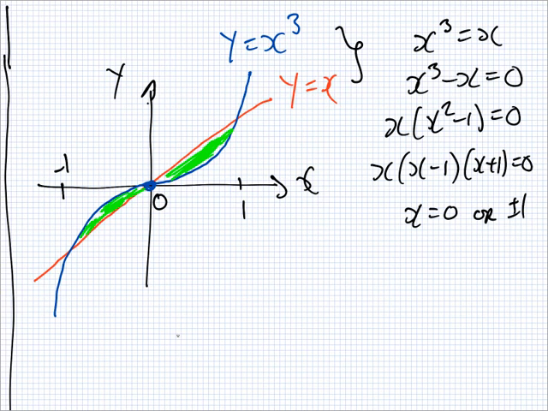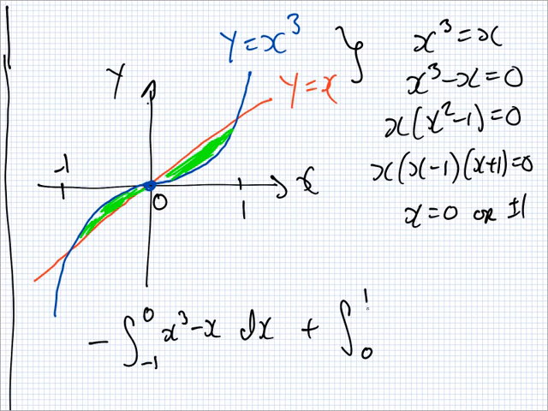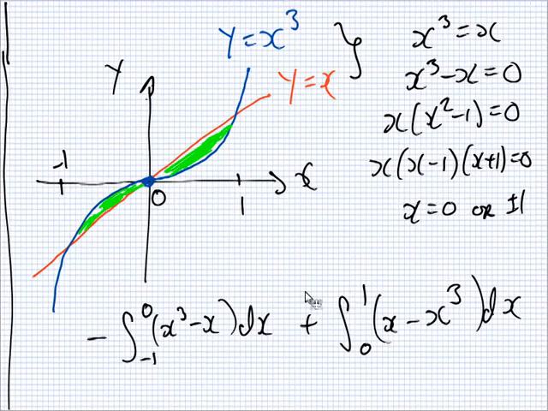So our problem is we have to integrate from minus 1 to 0 of what? X cubed minus x. Plus, and now we have to integrate from 0 to 1 of what? X minus x cubed. Right, so let's see what we get here.